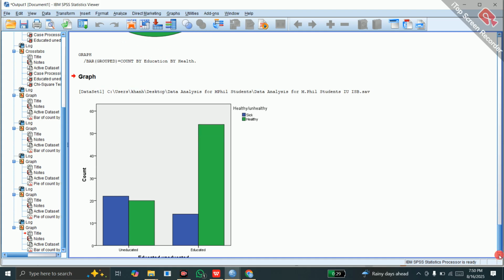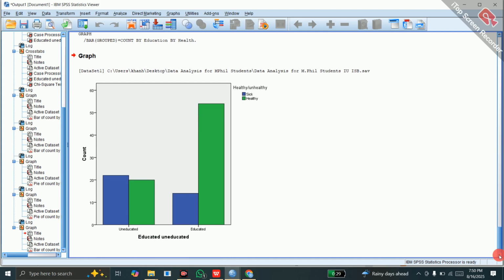So here I have the cluster diagram. If you look at this, horizontally we measure uneducated and educated, and there are two types of subdivision. Within uneducated, 14 are sick, and this green is healthy.